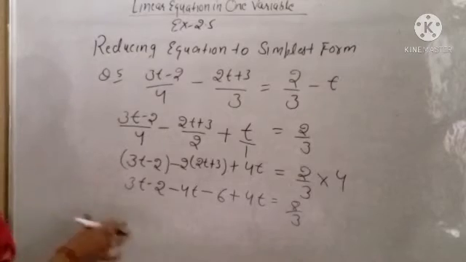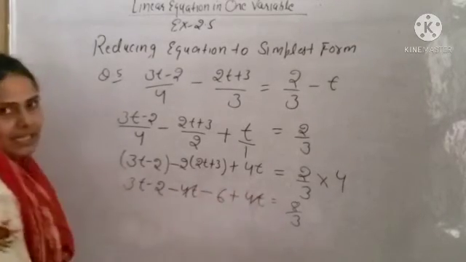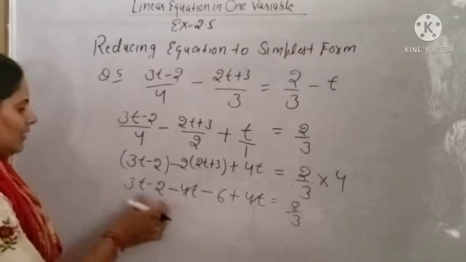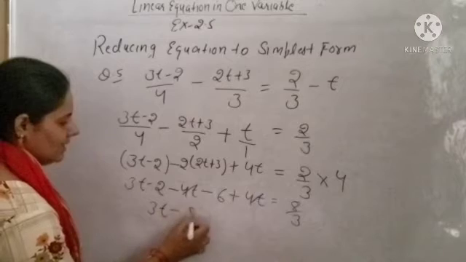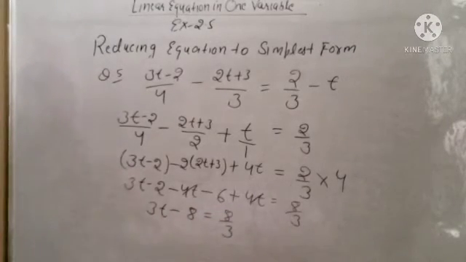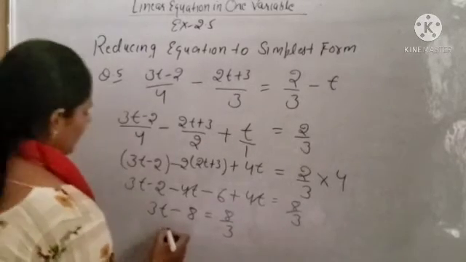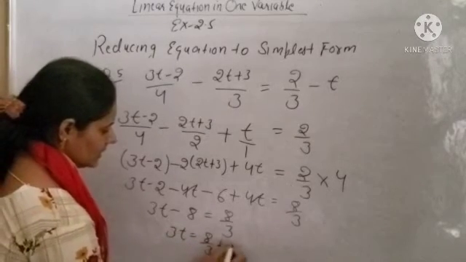Clear, beta? Now you will take all the variable values and add. So one positive, one negative, you can cancel out. So what is left? 3t minus 2 and minus 6 minus 8 is equal to 8 by 3. Clear? Okay, so now what will you do? Variable values one side and all the constant values you will take to another side. So beta, simple. 3t will be equal to 8 by 3 plus 8.